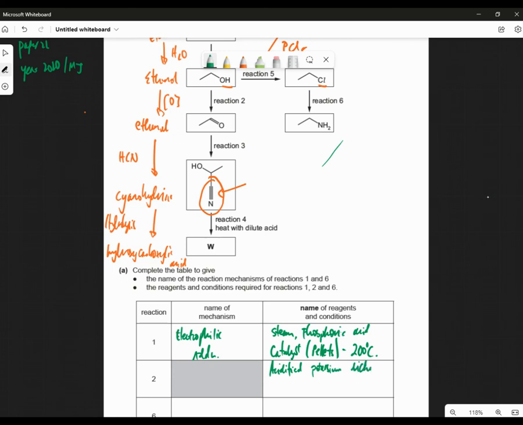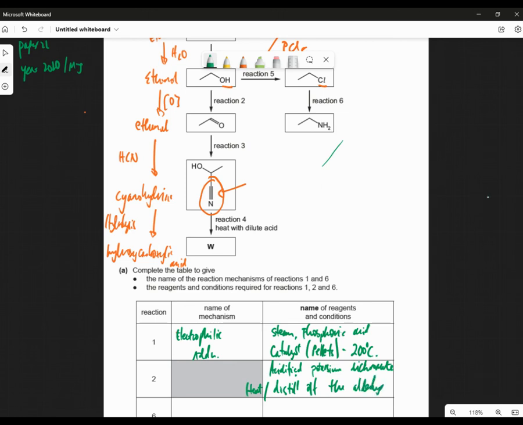We warm it, heat and distill off the aldehyde.